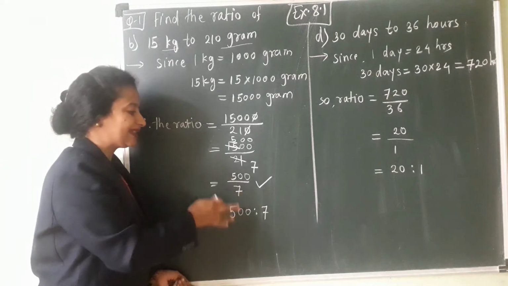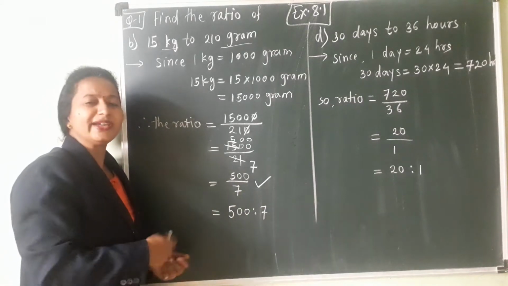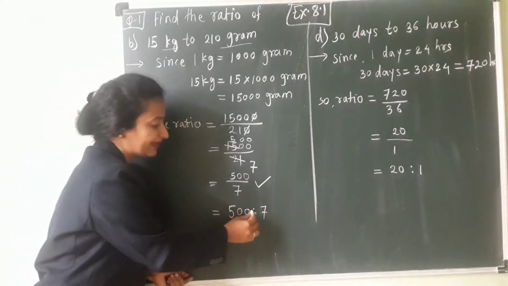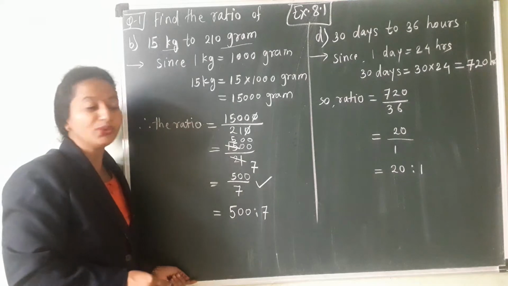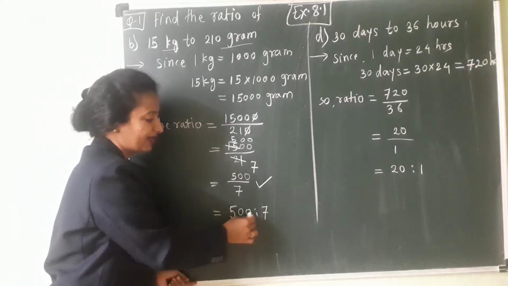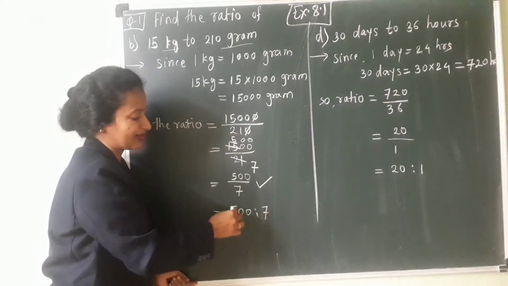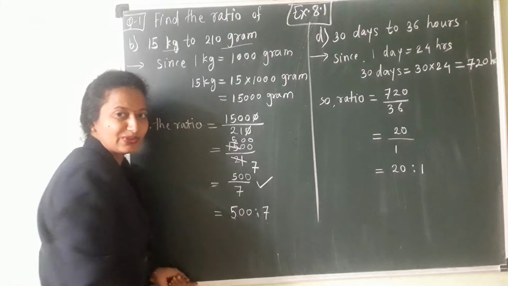Now this is written in the form of numerator and denominator, right? In the ratio we can use these two dots as the symbol to denote the ratio. So the ratio for this sum is 500 is to 7. Is it clear to everyone?